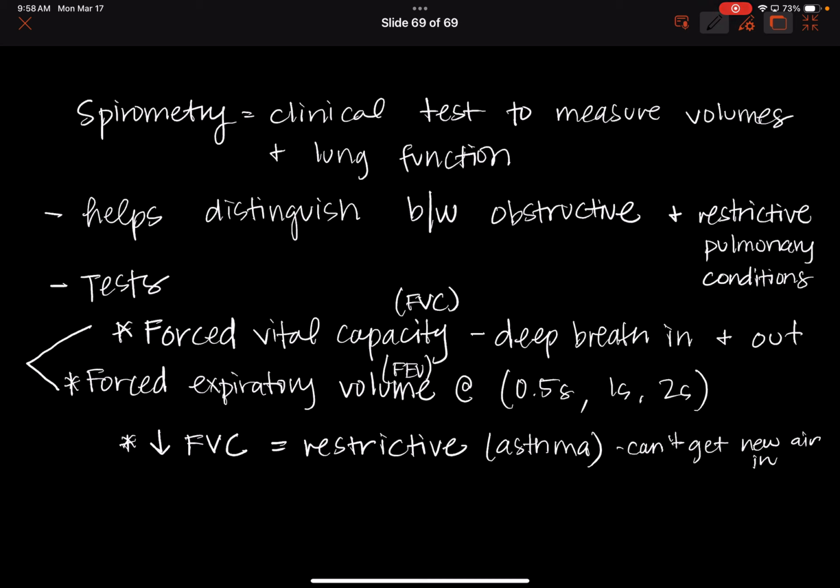Now for this forced expiratory volume, your FEV1, which is the amount of air that you can blow out in 1 second, should be about 80% of your FVC, which means that you should be able to blow out in 1 second 80% of the air that you can get in and out.